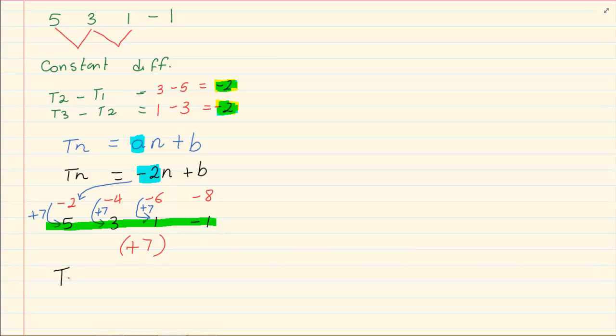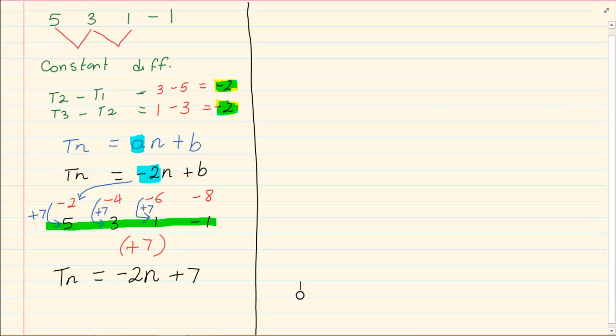So the final formula is Tn is equal to, our A is minus 2, which is what you call the constant difference. And then we got plus 7, which is the change from the original multiple to the number pattern. Let us see how they can ask us different questions once we have the equation.